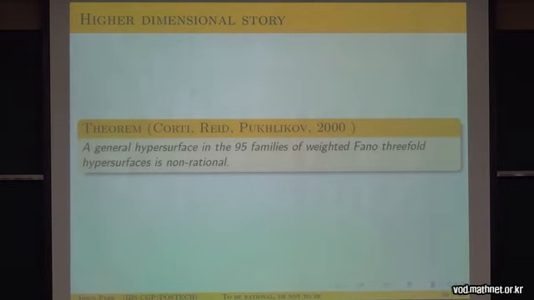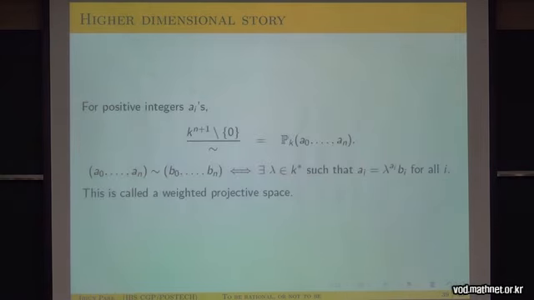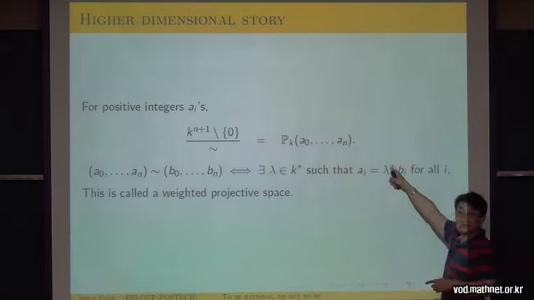And in the year 2000, Corti and Pukhlikov proved a similar weighted version. At the beginning I defined projective space, but you can also define weighted projective space, where you put some weights a_i here.